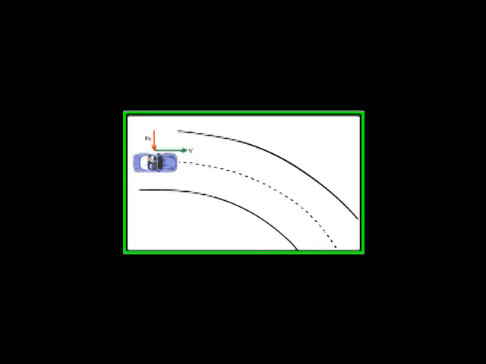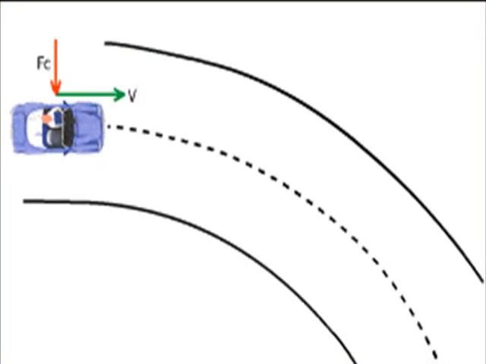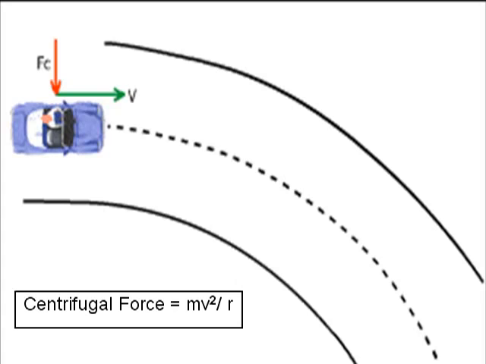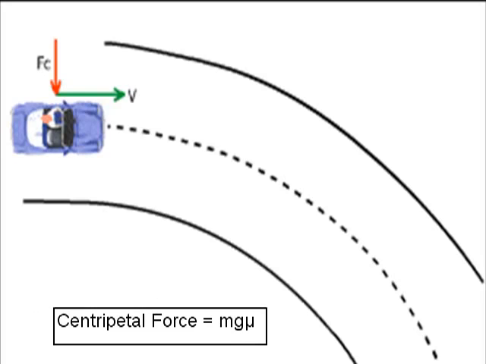If a vehicle of mass m is moving on a curve of radius r with velocity v, then the centrifugal force acting on it is m v square upon r, and the centripetal force necessary for the circular motion is m g mu, or the force of kinetic friction.